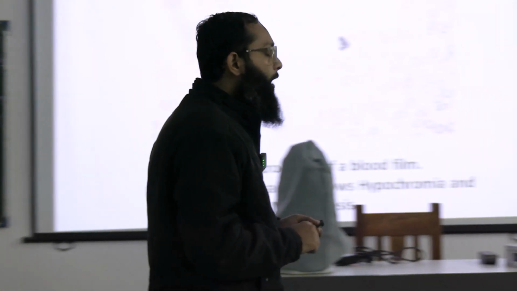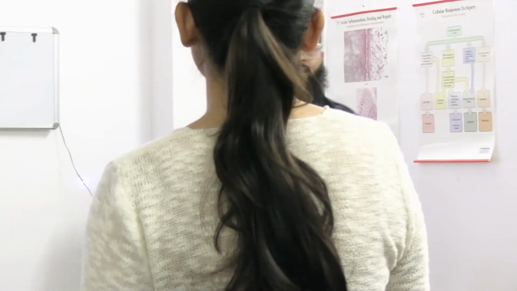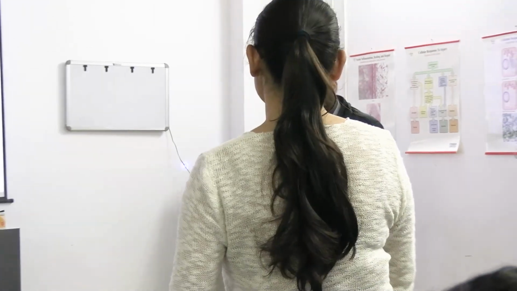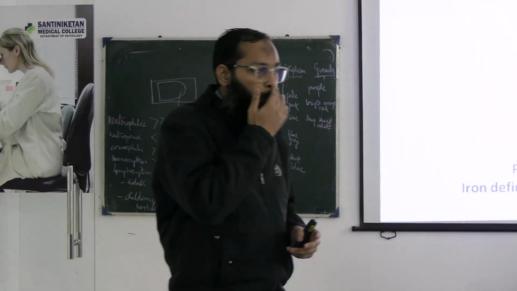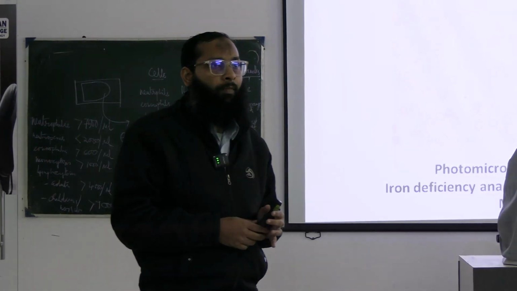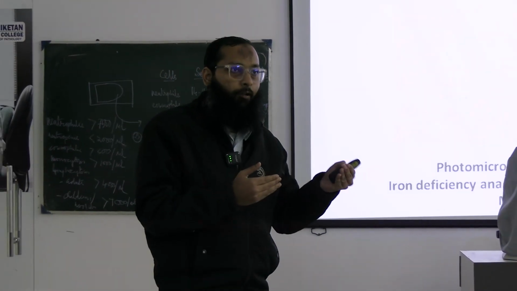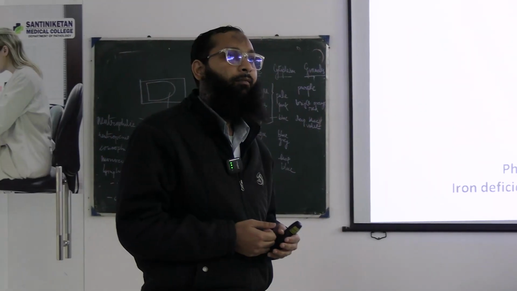Okay, very good. Now tell me, what is hypochromasia? You tell me. Paler in color. Okay. Means hemoglobin concentration is less as compared to a normal RBC. Very good. How will you know it? You are saying that you will compare it with other RBCs. But if all the RBCs are hypochromic, then what will you do?